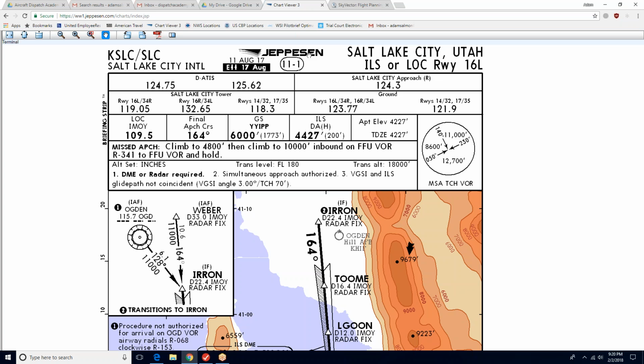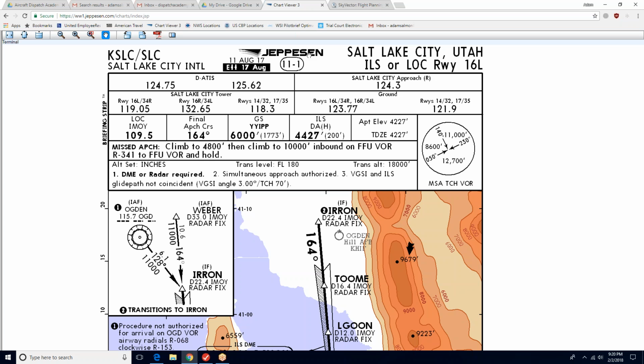They're essentially the same, but like I was saying earlier, for all of the stuff we do in this class, and later when you have your dispatch licenses and work for an airline, you're going to be using Jeppesen charts at any airline you work for. So that's what we like to use in the class.